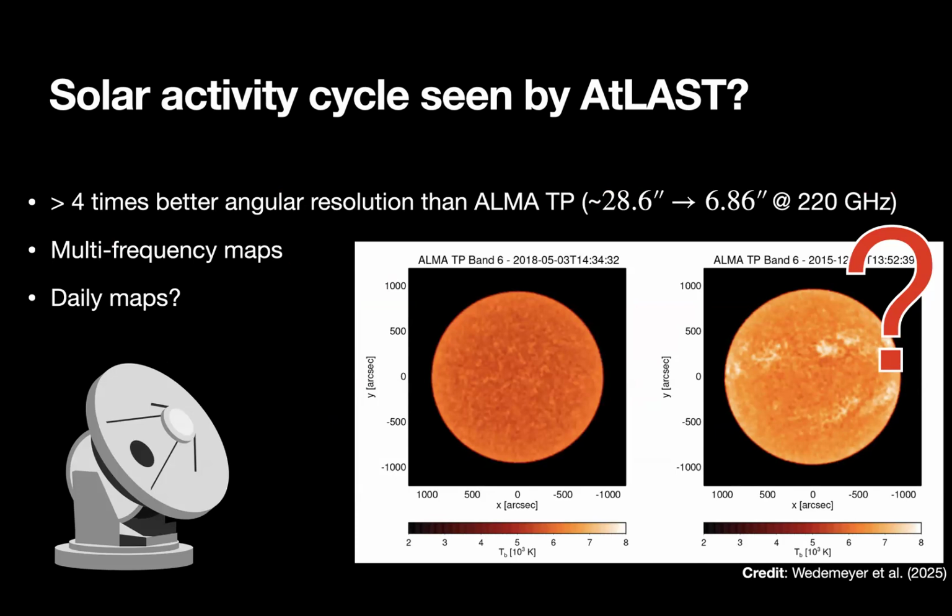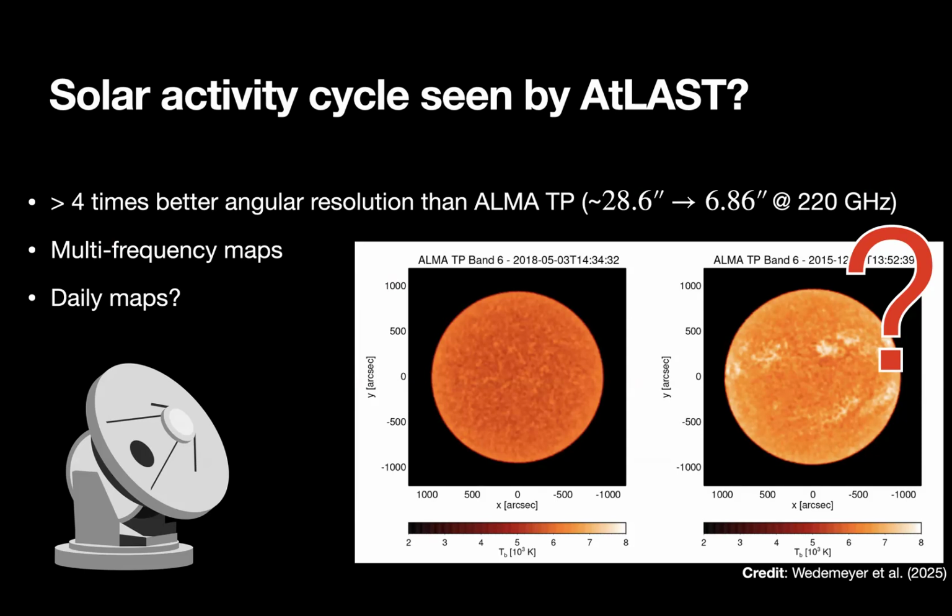AtLAST with a 50-meter aperture would naturally produce images with a lot higher angular resolution than that of ALMA total power, more than 4 times better actually, at 220 gigahertz, which falls in band 6.